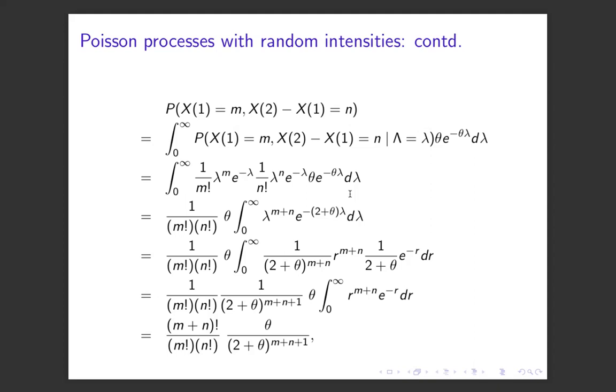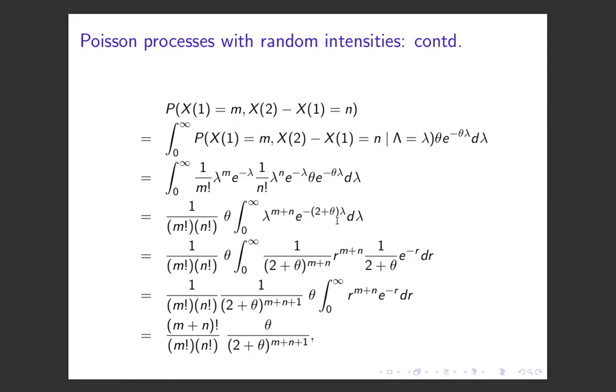Again, we make the change of variable, calling this r, equal to (2 plus theta) times lambda. If I write it here, it would have been possible to accommodate all these equations in one slide. So after that comma, you will see in the next slide where we have made that change of variable.